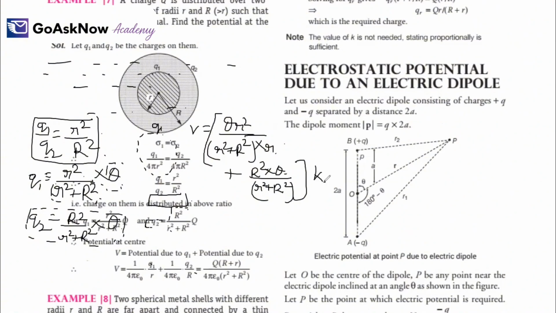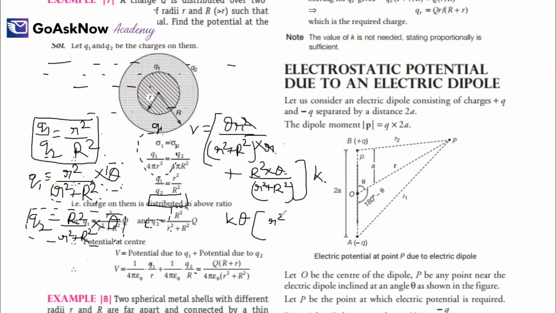Yes. So now you can take the q common here. You will get k capital Q into r square. Okay. And one r will cancel out here.